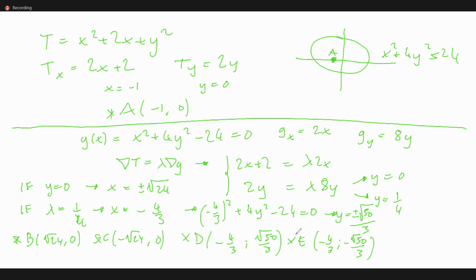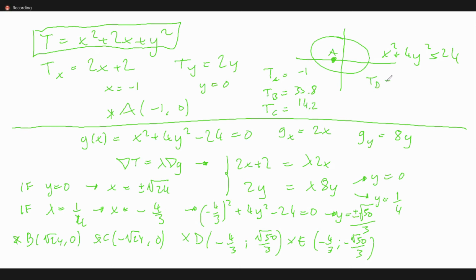To determine which one is the maximum, which one is the minimum, we substitute the pairs x, y into the equation of the temperature. So we find that the temperature at point A is equal to -1. The temperature at point B is 33.8. The temperature at point C is 14.2.